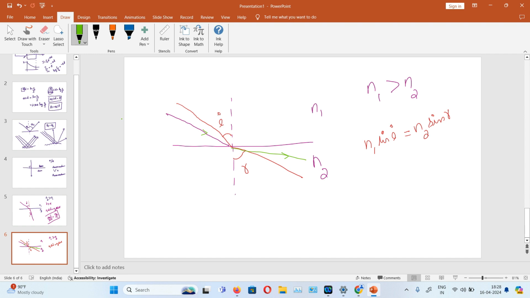If I increase it beyond something, the angle of refraction will be 90 degrees, so that the refracted ray will graze along the surface.